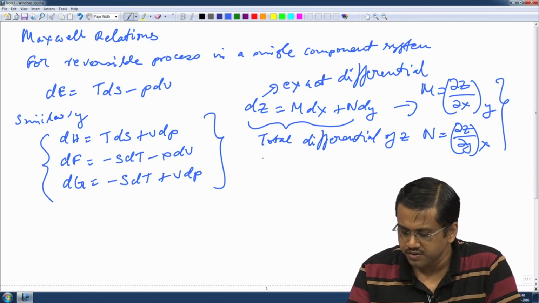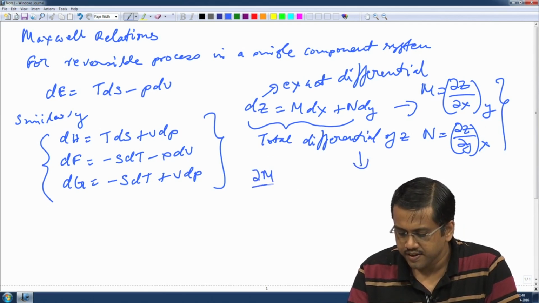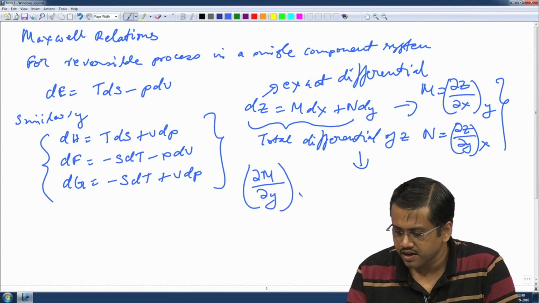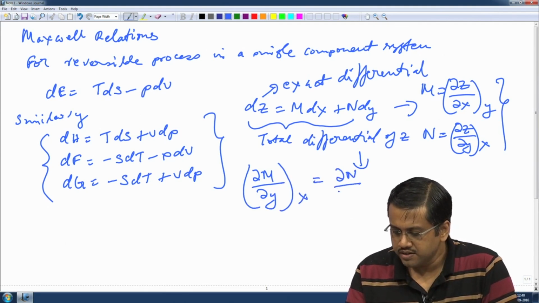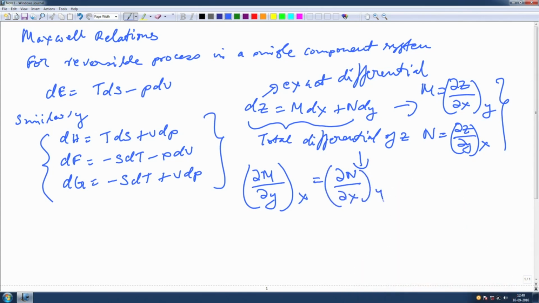So in general, what we can say is that the partial of M with respect to y at a constant x and the partial of N with respect to x at a constant y must be the same, and they are both equal to this.